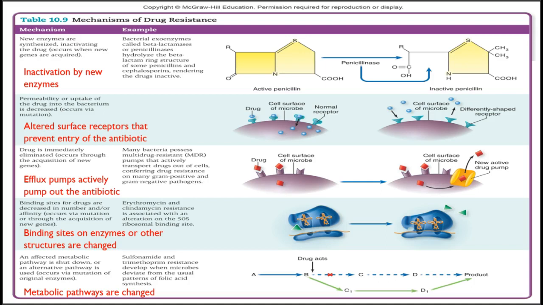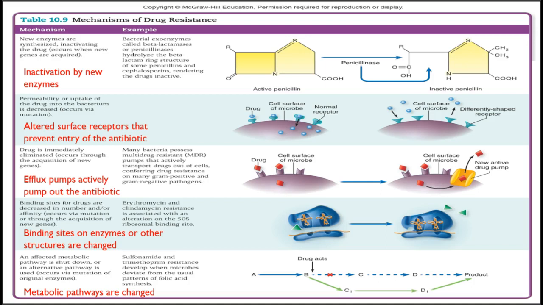So the first way is that the organism develops a new enzyme that is able to inactivate the antimicrobial. And this is what beta-lactamases and penicillinases do. They inactivate those particular antibiotics so that they're no longer effective.